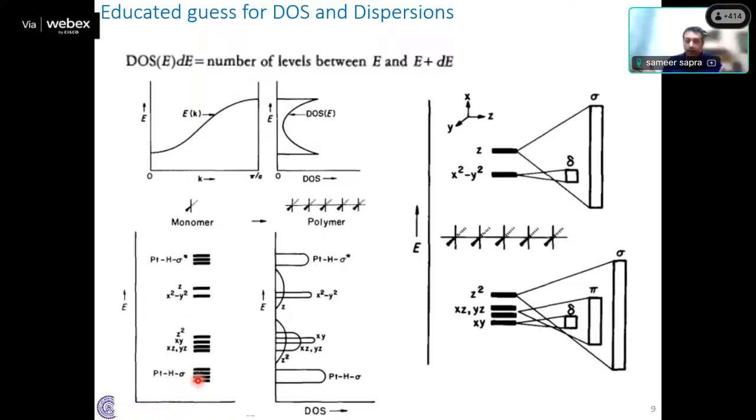So if I bring two platinum L4 complexes, or H4, whatever you want to call them, closer, then whatever interaction there is in the XY plane is hardly going to get manifested. So this almost remains a very localized kind of DOS. It doesn't interact.